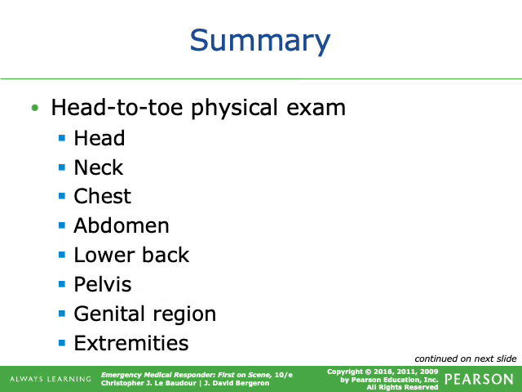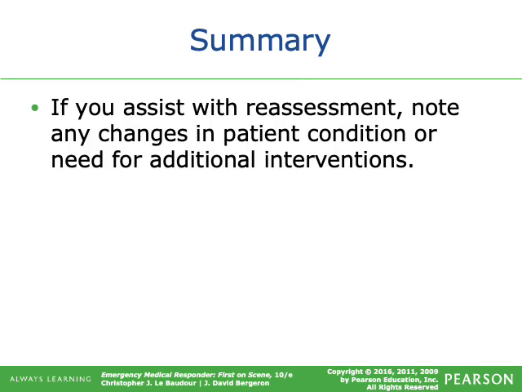Head-to-toe physical exam is exactly what it says. You're going to start at the head, proceed to the neck, chest, abdomen, lower back, pelvis, genital region, and extremities. If you assist with the reassessment, note any changes in the patient's condition or need for additional interventions.